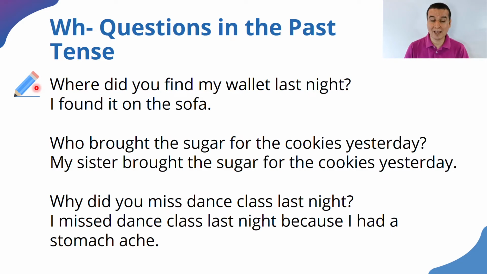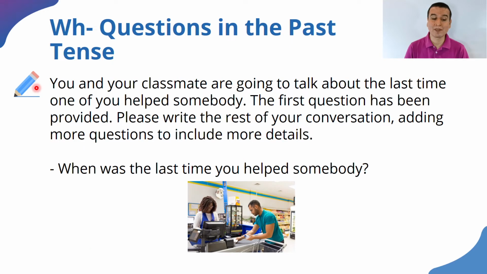All right, now we have another activity for you. You and your classmate are going to talk about the last time one of you helped somebody. One event in the past. You helped somebody. The first question has been provided. Please write the rest of the conversation, adding more questions to include more details. The first question is, when was the last time you helped somebody?